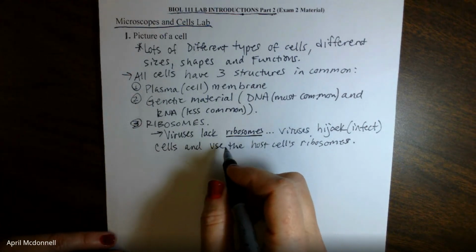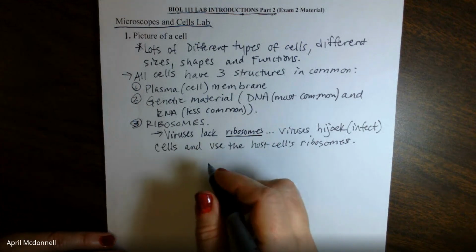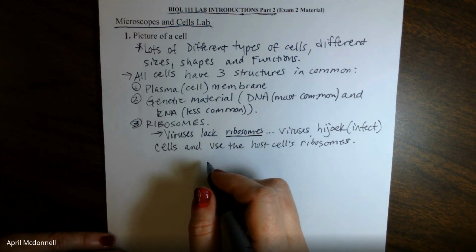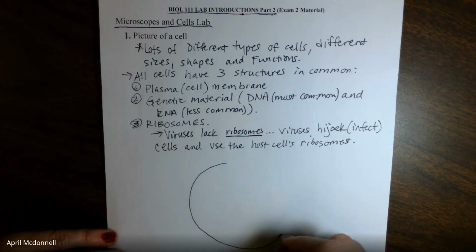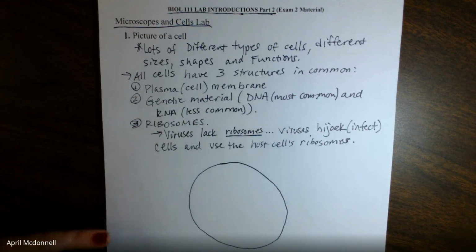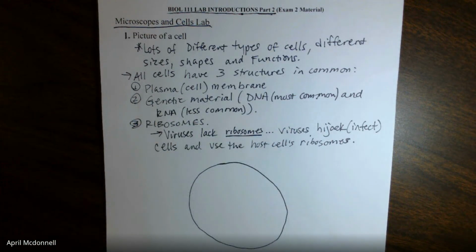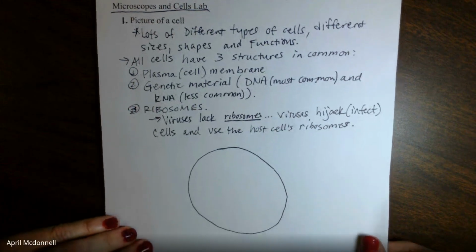I'm going to make a big circle. And this is going to be my cell. I am definitely not an artist, so do the best you can, and I will too.